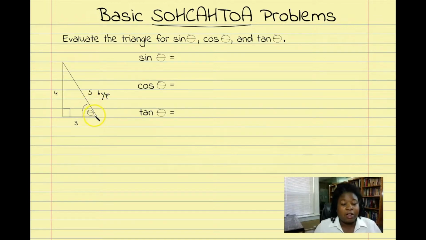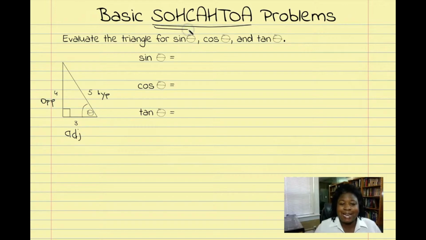And then all the way across from theta, we have our opposite side, the side opposite theta. I'll call it op. And then next to theta, our remaining side is our adjacent side. I'll just write adj.